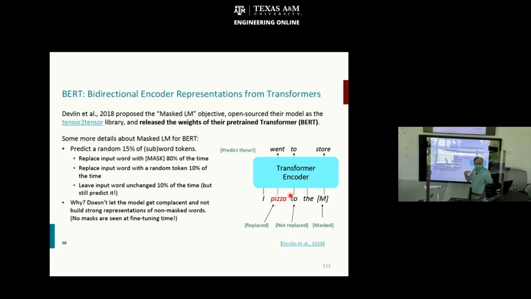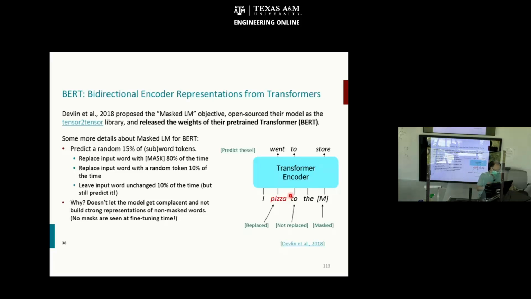If you always replace those words by a mask token, then the language model is already fixed on the idea that whenever you ask it to learn these embeddings, this must be an embedding of a masked word. It never has to worry about the words that are not masked. So instead, you want to introduce some uncertainty and let the language model learn a little bit more.